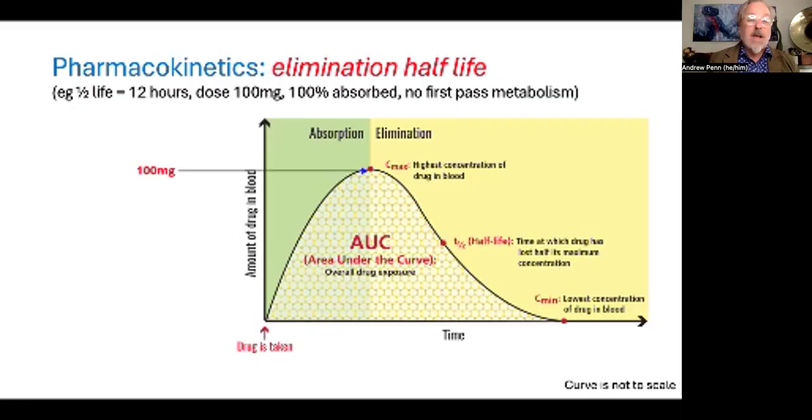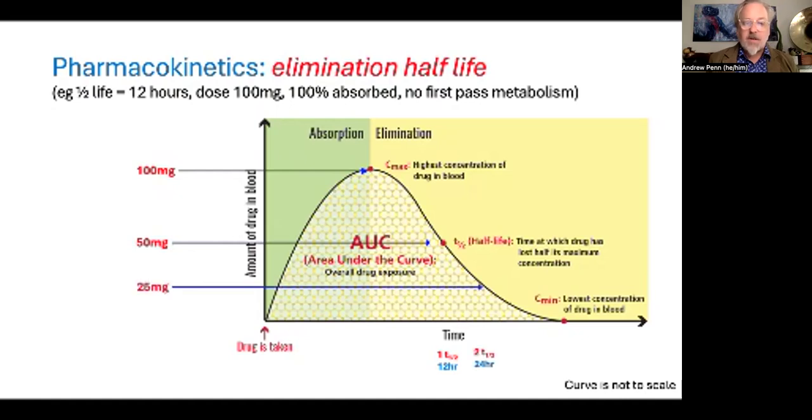So you'll see at maximum absorption, you're going to have 100 milligrams in the bloodstream. One half-life later, or 12 hours later, you're going to then have 50 milligrams left in the body. Another 12 hours later, you'll have half of that, so 25 milligrams. Another 12 hours after that, 12.5 milligrams, and so on.